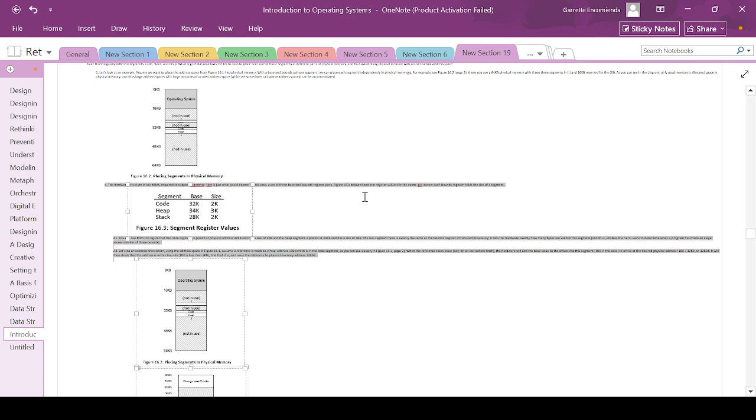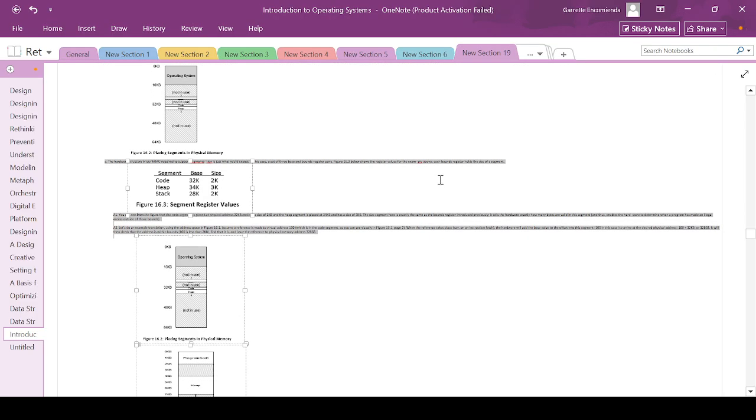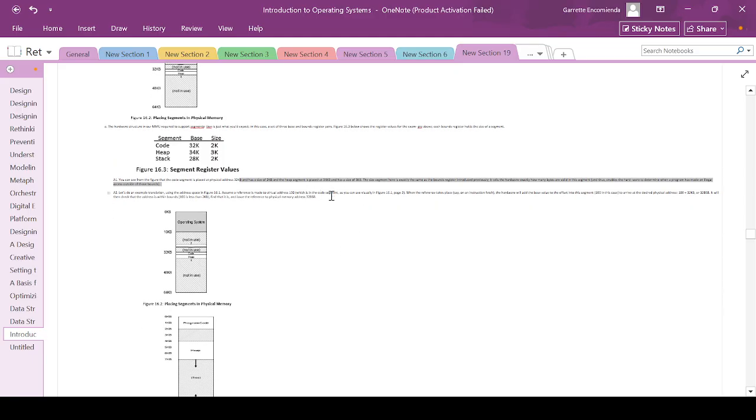Figure 16.3 below shows the register values for the example above. Each bounds register holds the size of a segment. You can see from the figure that the code is placed at physical address 32 kilobytes with a size of 2 kilobytes, and the heap segment is placed at 34 kilobytes and has a size of 3 kilobytes.